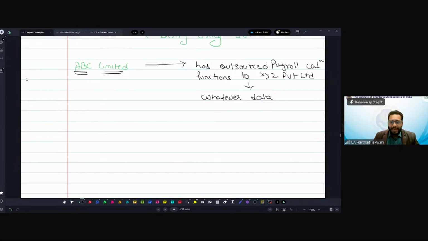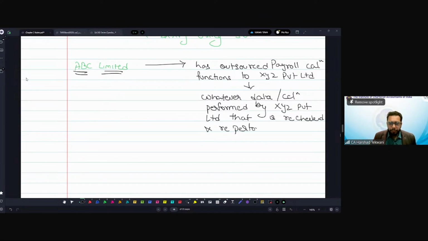So whatever data or calculation is performed by XYZ Private Limited, that is rechecked and reperformed at ABC Limited.